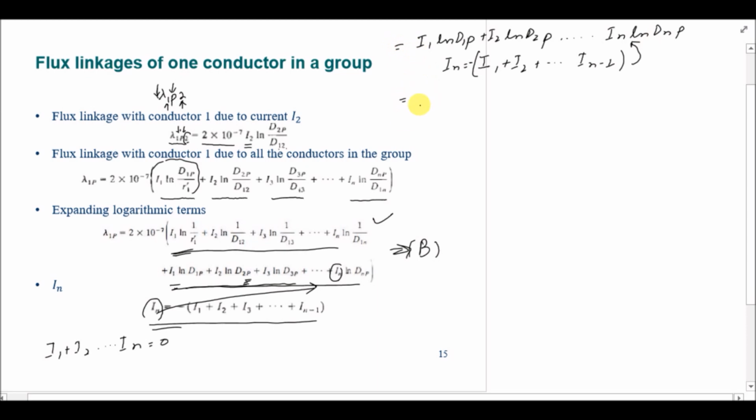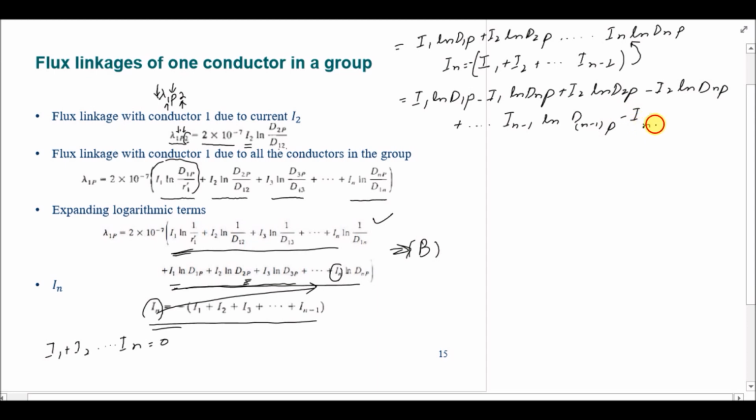So this will become I1 ln d1p minus I1 ln dnp plus I2 ln d2p minus I2 ln dnp. Similarly, we will go up to the current In minus 1: In minus 1 ln dn minus 1 p minus In minus 1 ln dnp.